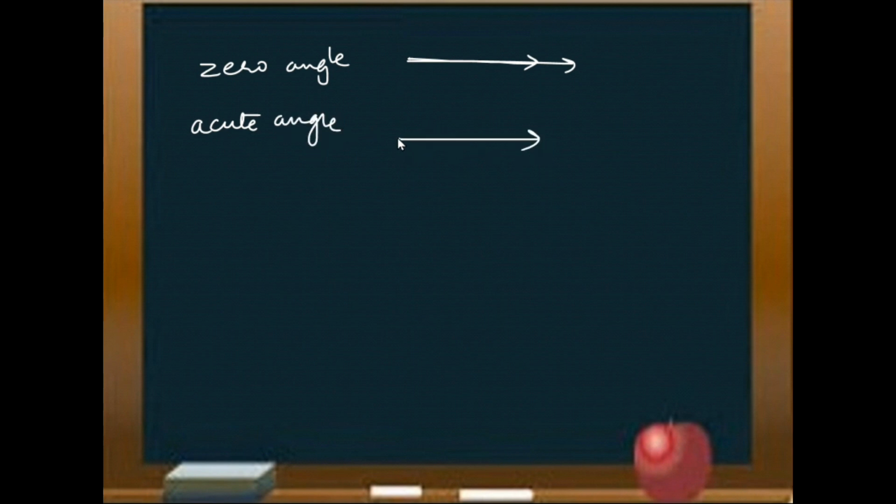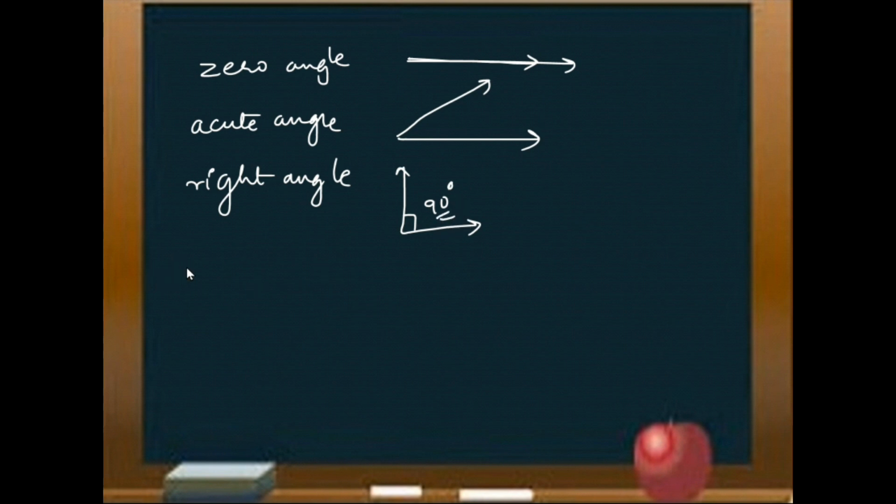Okay, let us revise quickly what types of angles we learned so far. We learned zero angle, which is just two rays overlapping each other without moving. Then we learned acute angle, which is less than 90. Then we learned right angle, which is a definite angle; its measure is always 90 degrees.